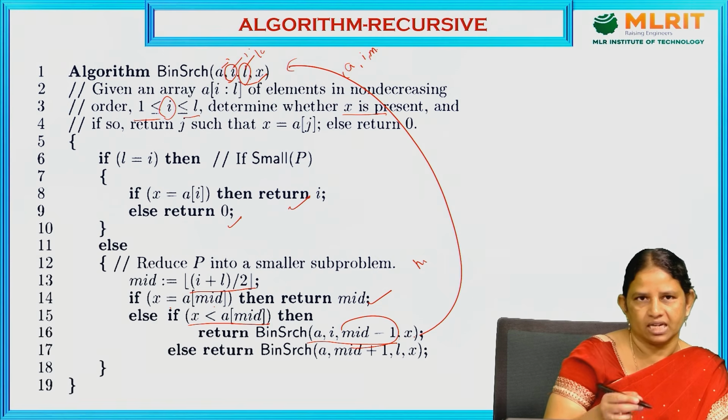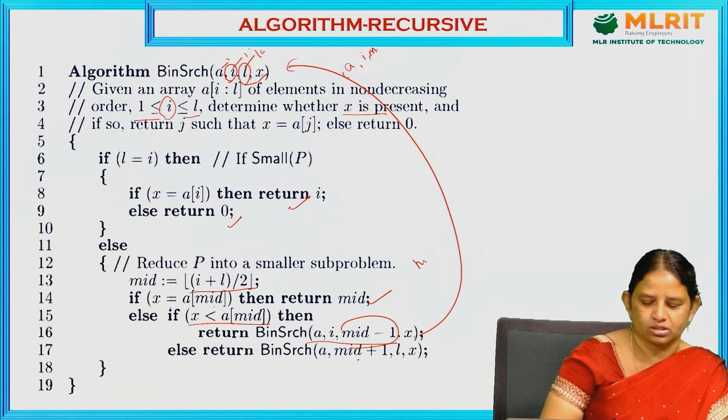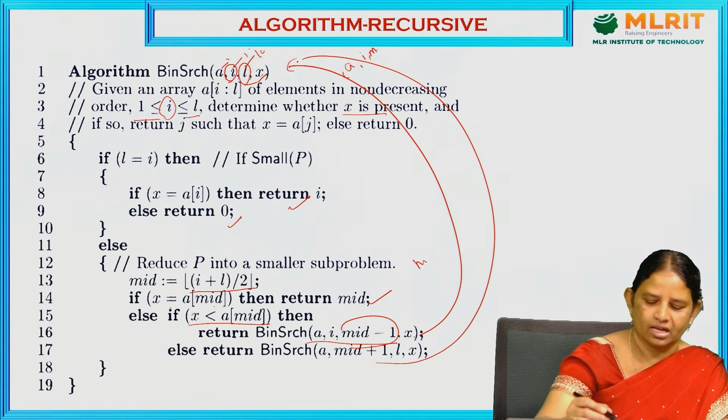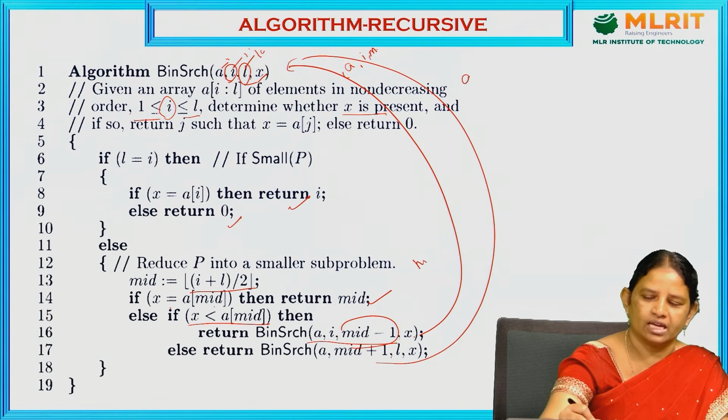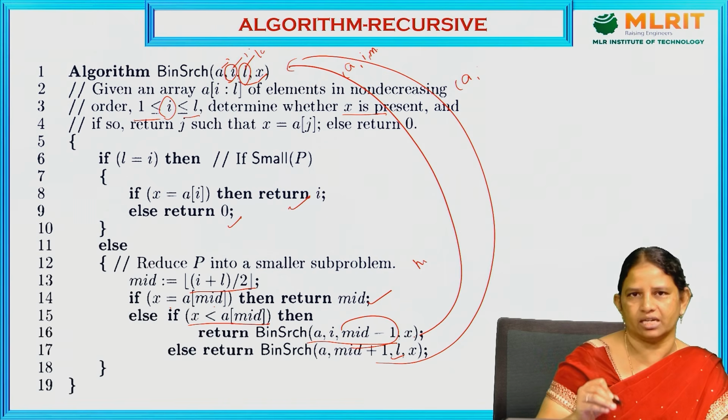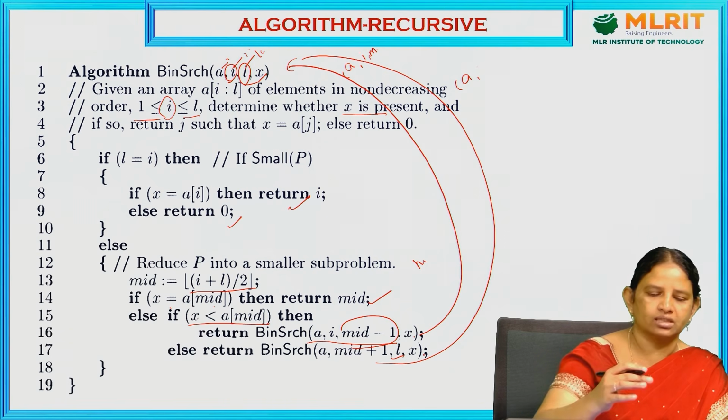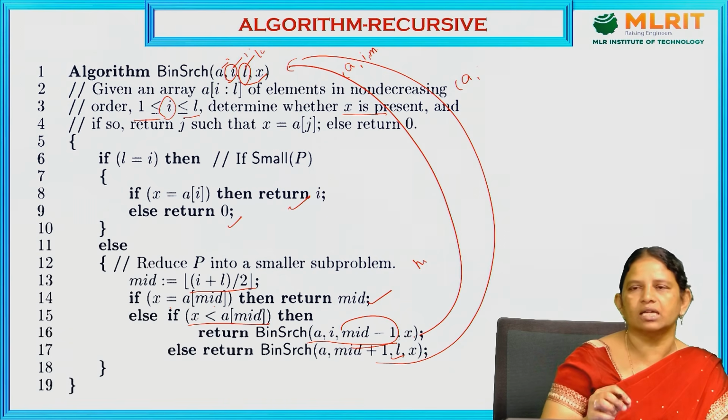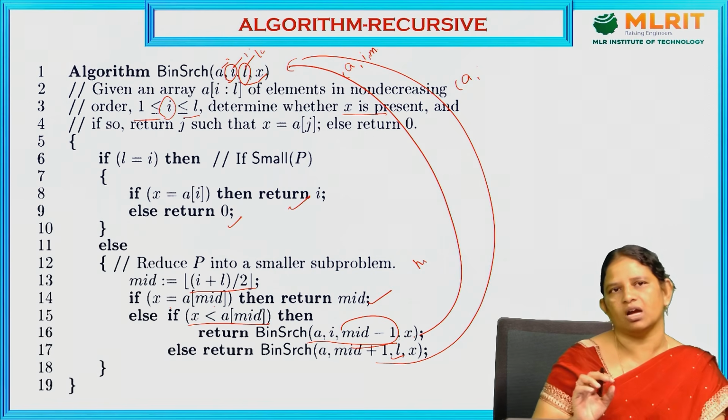Suppose x is greater than A of mid, we concentrate on mid plus 1, that means the low value is increased to mid plus 1 and the high value stays the same. Like that we make the comparison until the element is found in the list.